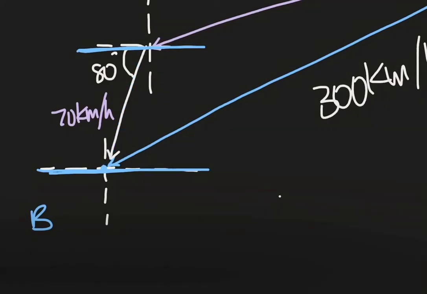We know that our alternate interior angles, which would be this 80 degrees here, and this big angle, from the east-west line all the way up to that vector, are the same. So we know that this big angle is 80 degrees.